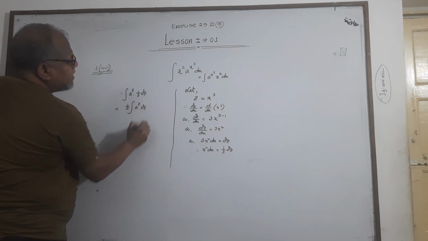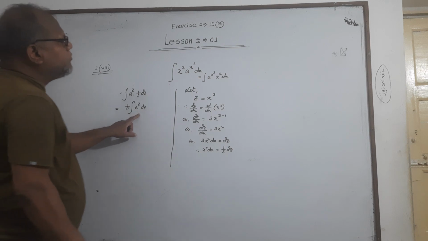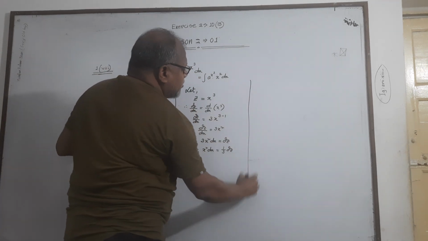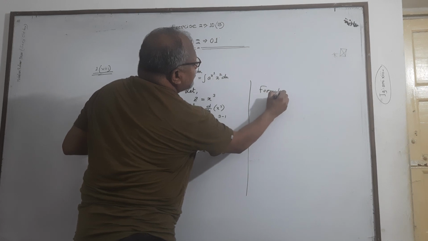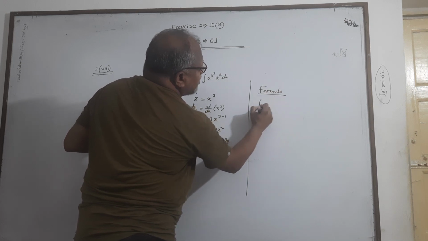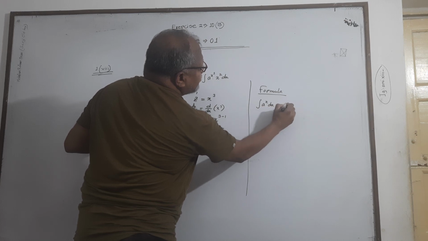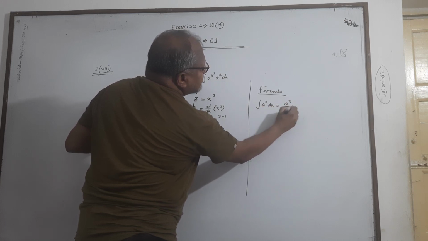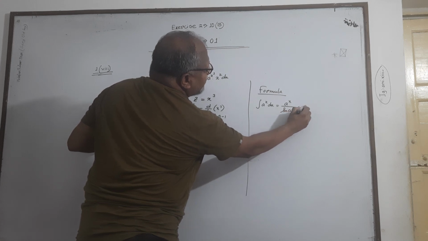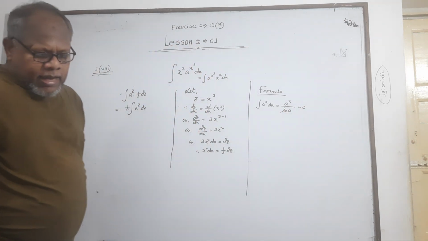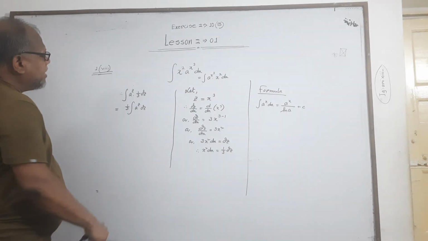z dz. The formula of integration of a to the power x dx is a to the power x divided by ln a plus c.